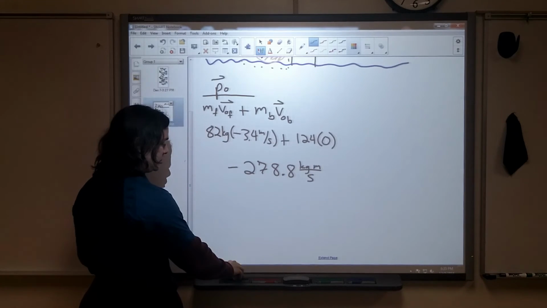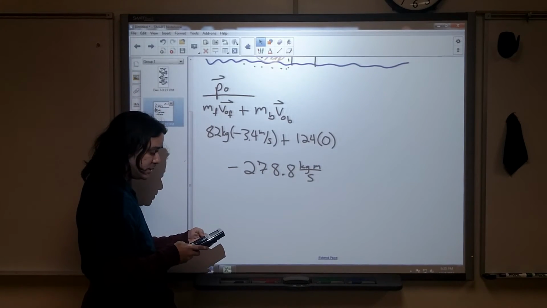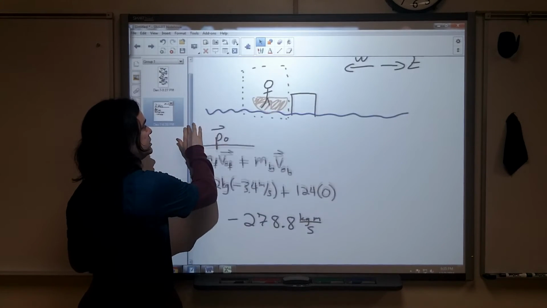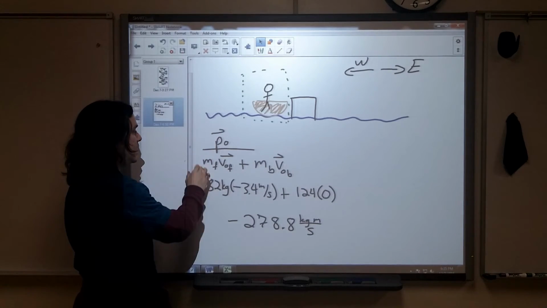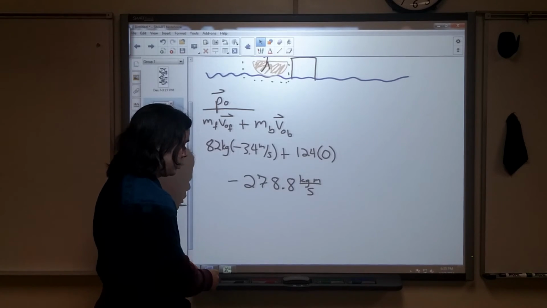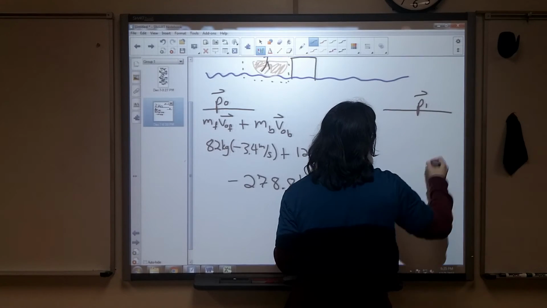That is my total momentum for the fisherman-boat system. And we're going to assume that there are no significant external forces. Basically, let's say that the boat is free to slide to the side. That may not be a very good assumption, but for our purposes, we'll go ahead and do that. It'll get us a pretty good ballpark for how fast the boat's going to go.